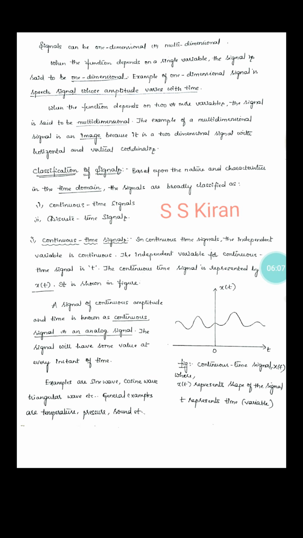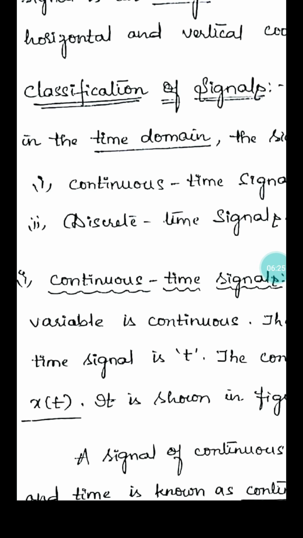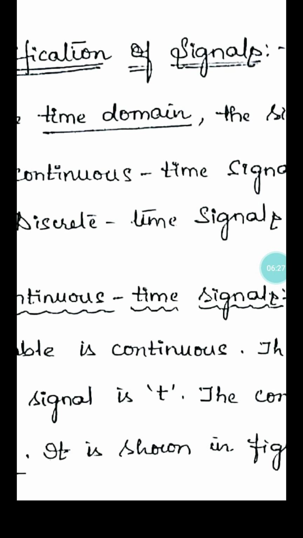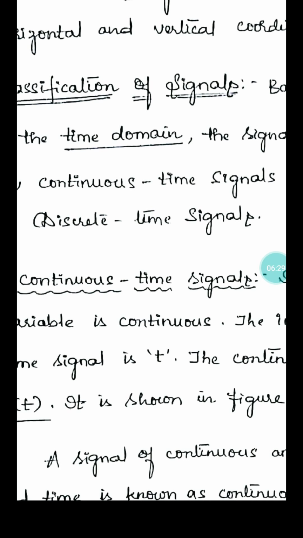That's fine. Coming to classification of signals, a very rigorous topic. Signals are broadly classified into two types. One is continuous time signals, another is discrete time signals.